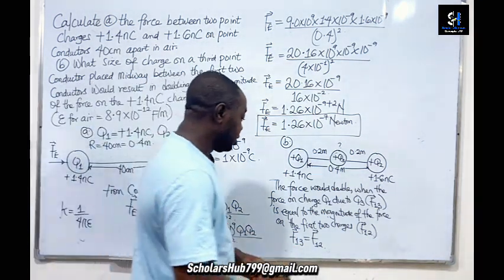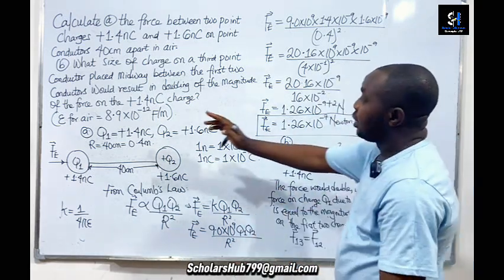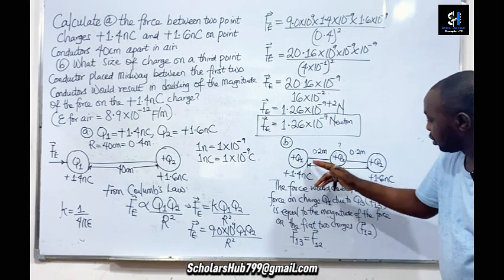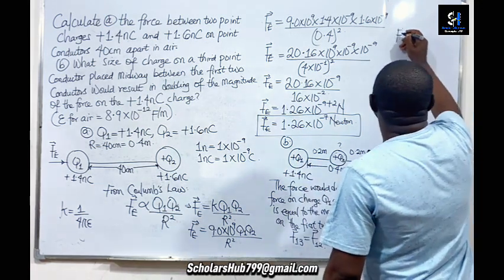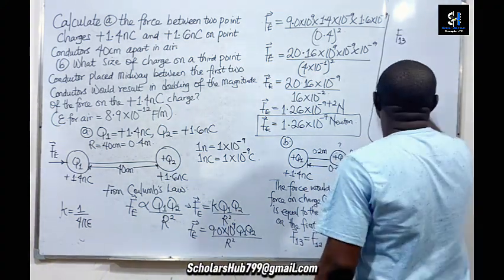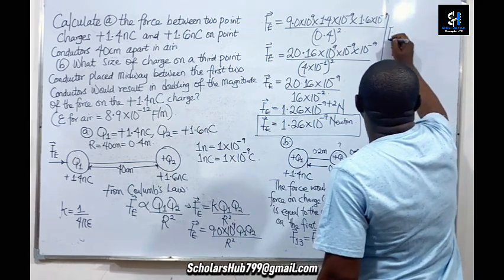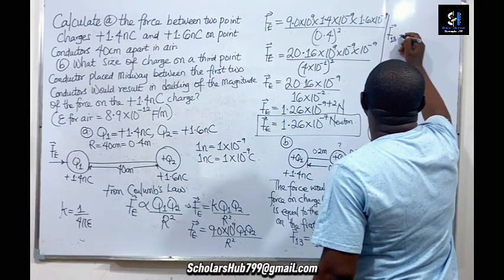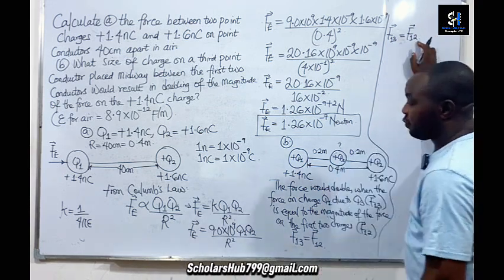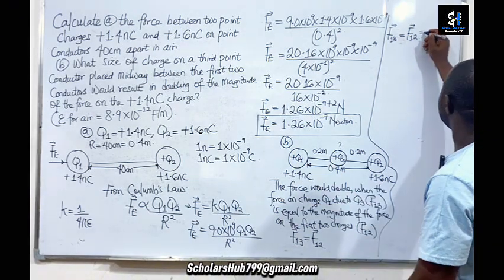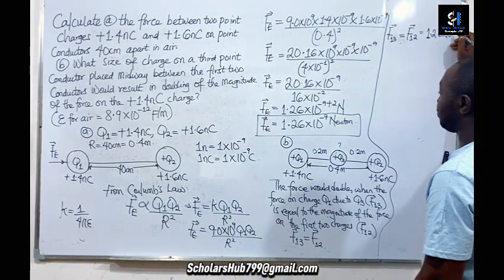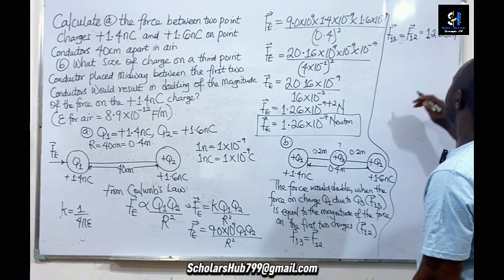So we have F13 equal to F12. What is F12? F12 is equal to 1.26 multiplied by 10 raised to the power of -7 Newton.